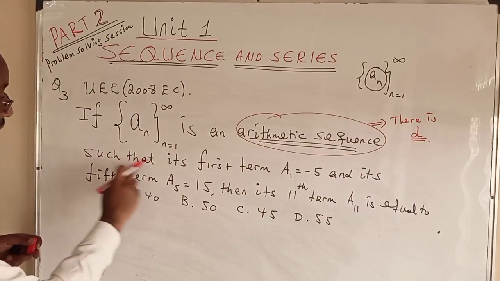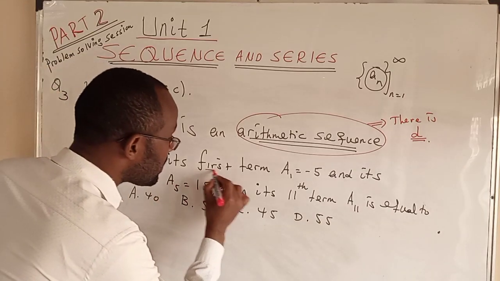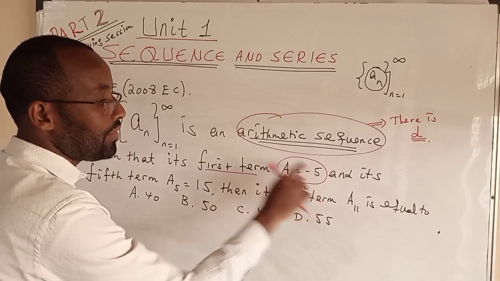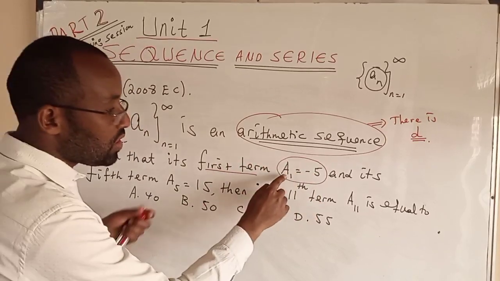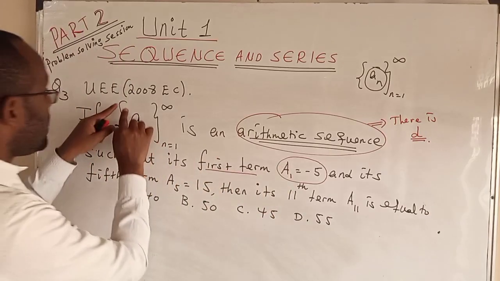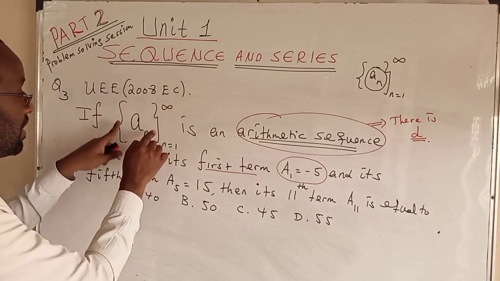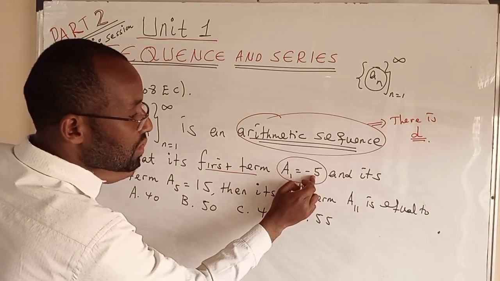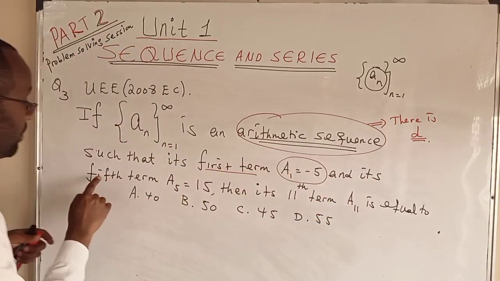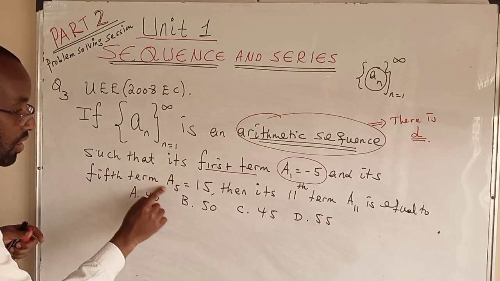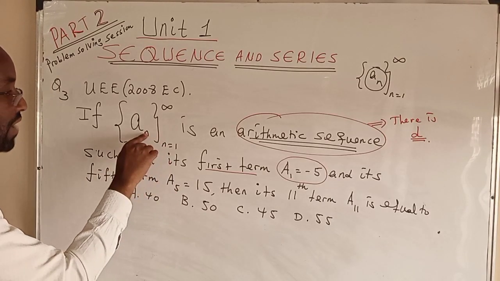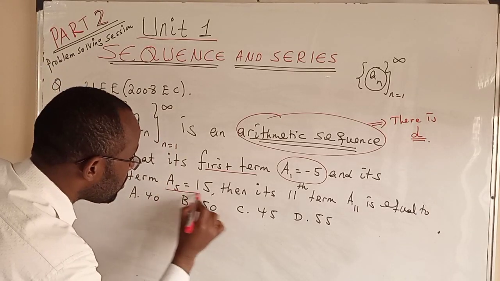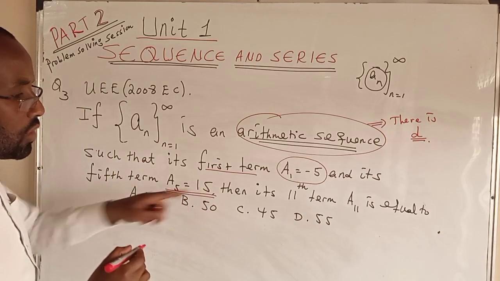All right, such that now you are given the first term, which is A1. The first term of the sequence is -5, which is A1, and the fifth term A5 is 15.